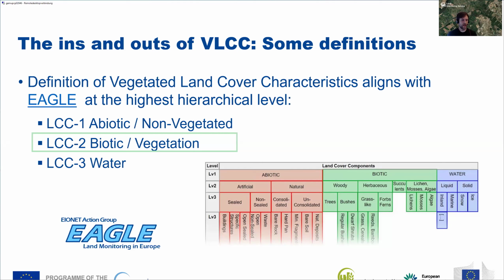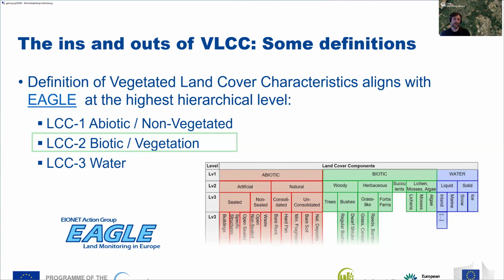For those who are not familiar with the name, EAGLE stands for the EIONET Action Group on Land Monitoring in Europe. This is basically a group of land monitoring experts which try to provide a hierarchical nomenclature for land cover surfaces.